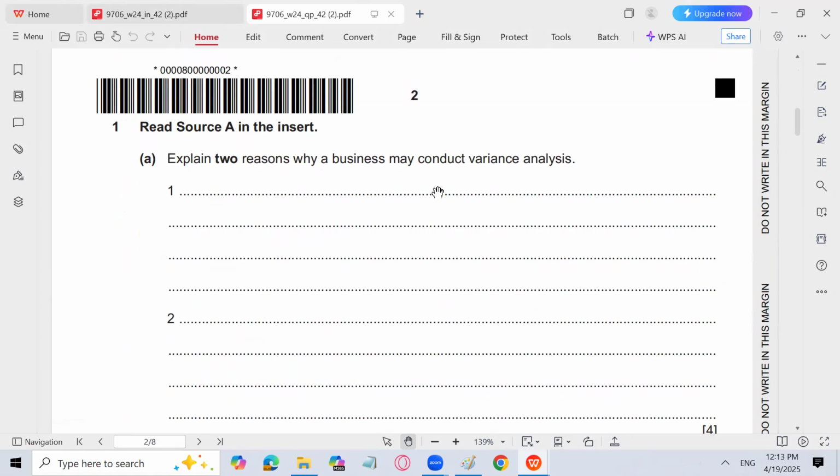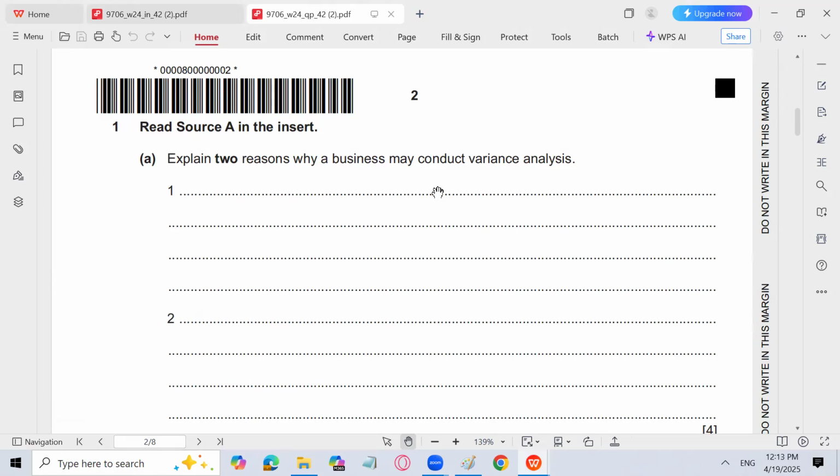Variance analysis is basically conducted to find the difference between the actual cost and the standard cost, or the difference between the actual performance and the standard performance of the business. That is, how much the actual results are different in comparison to the standard results. And then we will take corrective actions wherever necessary.